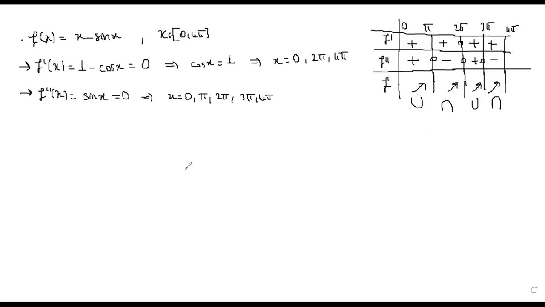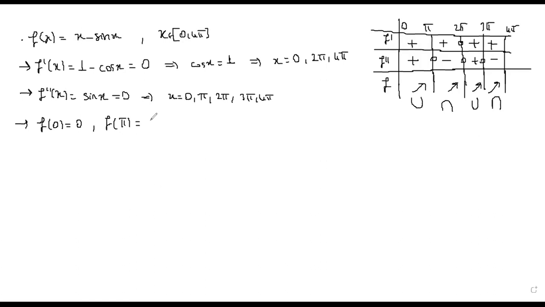Okay, so it says it's upward, downward, upward, and downward. All right. Now we need to sketch that, but first note that f of 0 is equal to 0, and f of pi, we plug pi here.